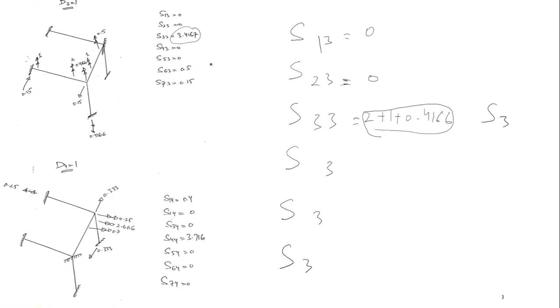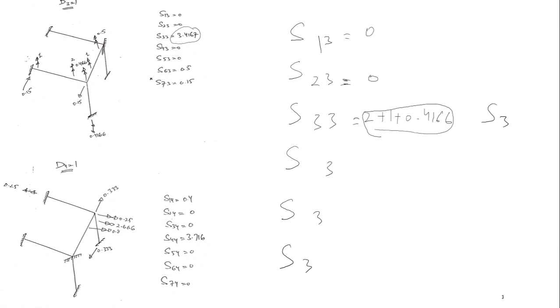Then 4,3, 5,3, and 6,3. 4 is this, 5 is this, and 6 is vertical. S4,3 is 0, S5,3 is 0, S6,3 is 0.5. Finally, S7,3 comes out to be 0.15.